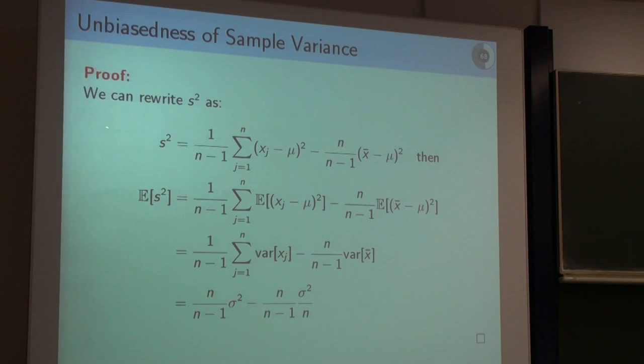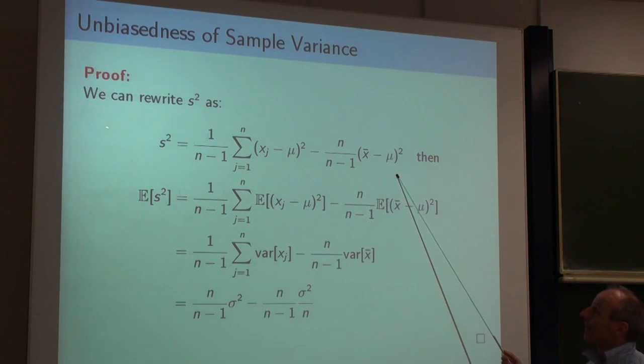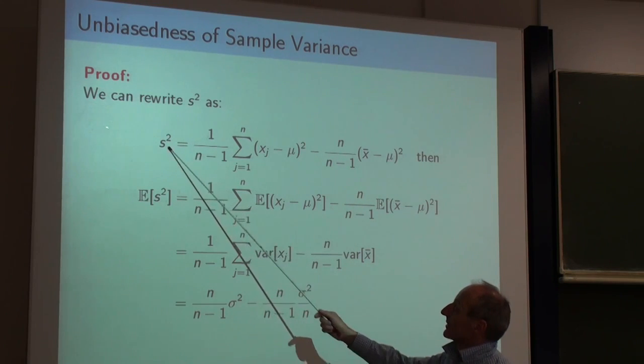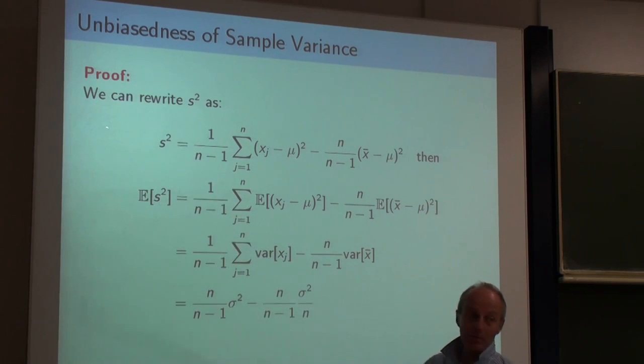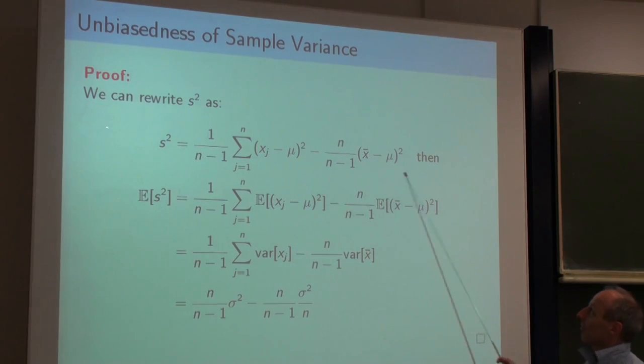Now let's prove the unbiasedness of the sample variance. In order to prove this, we need to know this property. We can write the sample variance in this form.